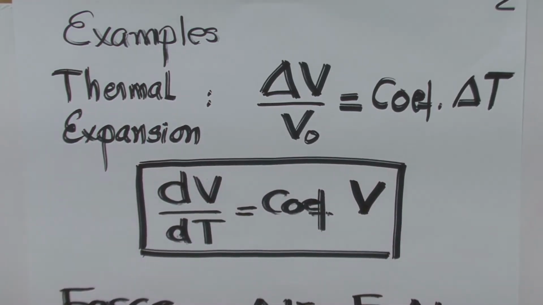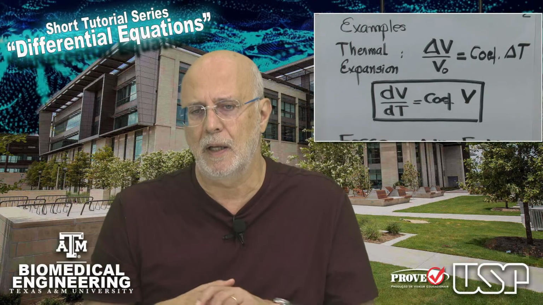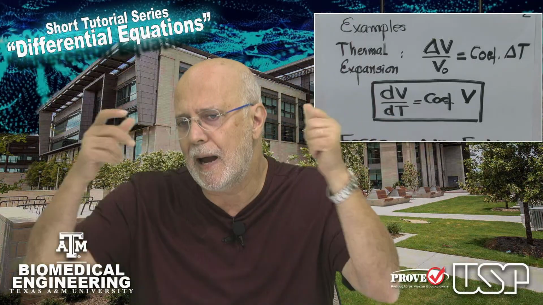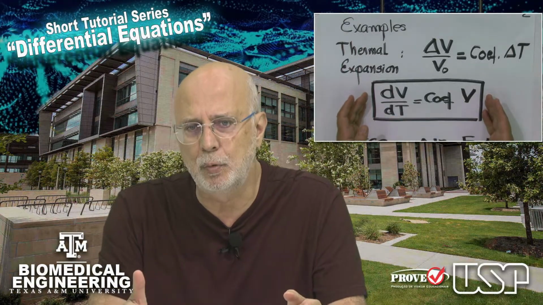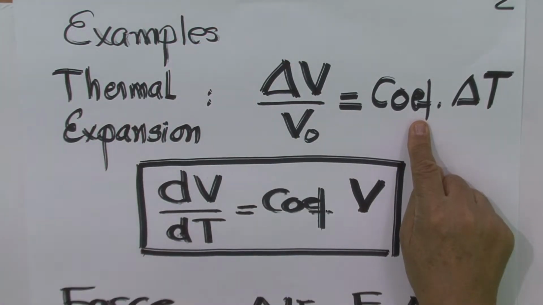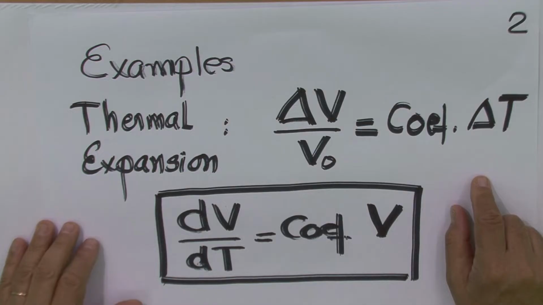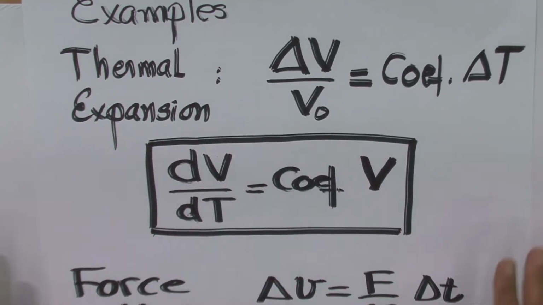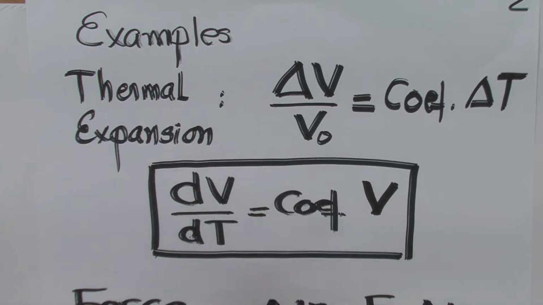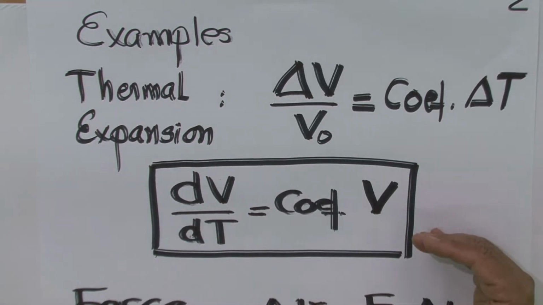You see, the differential equation here is relating variation of volume and variation of temperature in an arbitrary situation. As I said, I put a coefficient here, but this could be a function of temperature. And it is an equation that will predict for us how volume varies with temperature change.